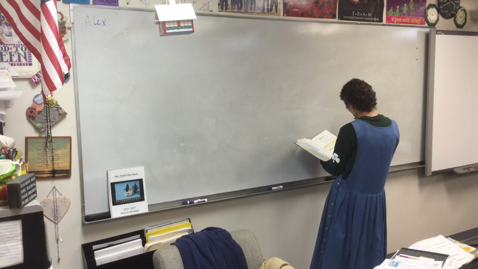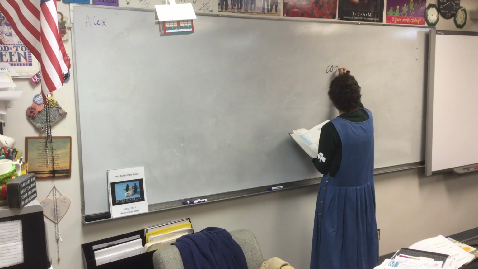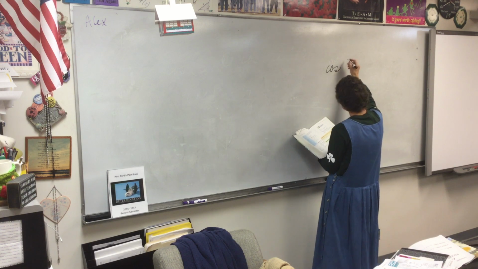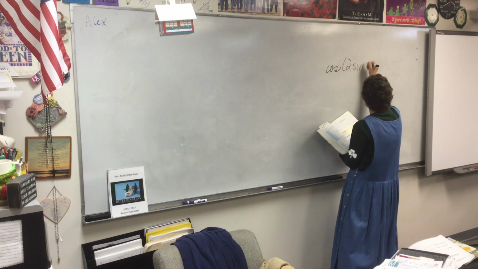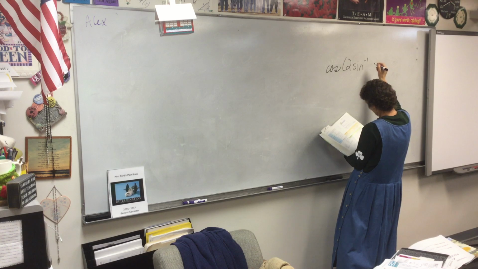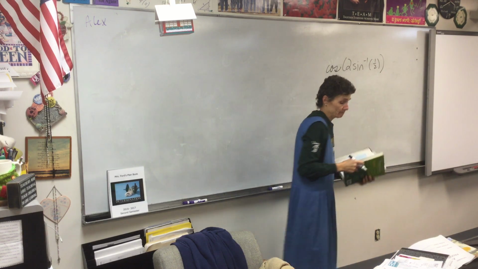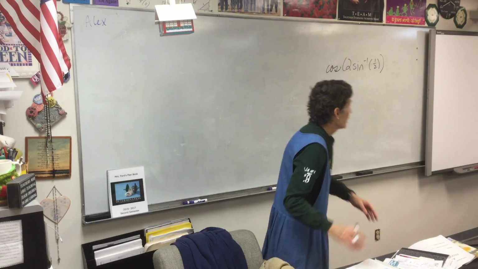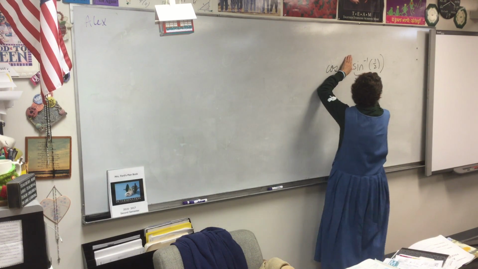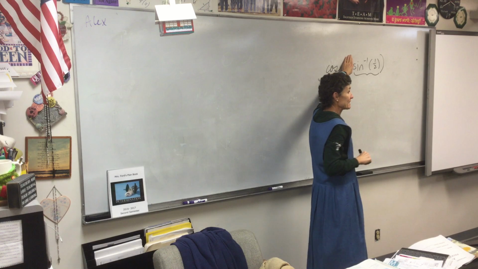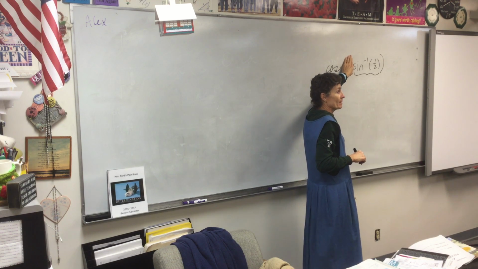It says, find, all right, you have to read this now. You have to be able to read it. It looks so hard, but it really isn't. I want you to start right here. What is that asking me to find?